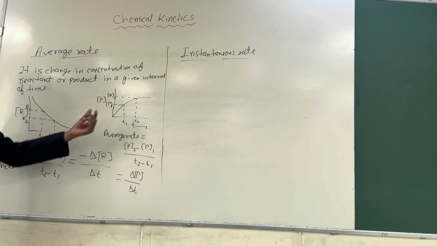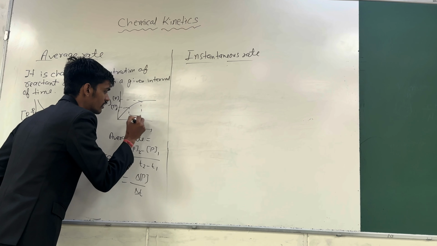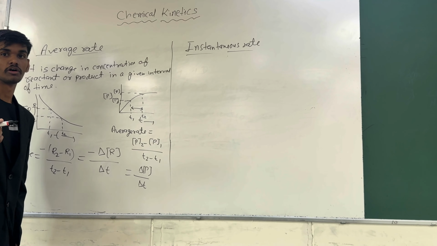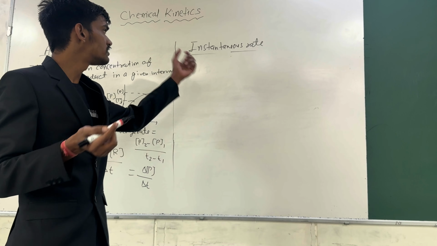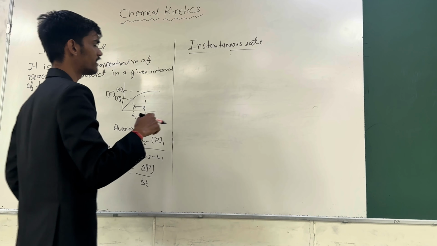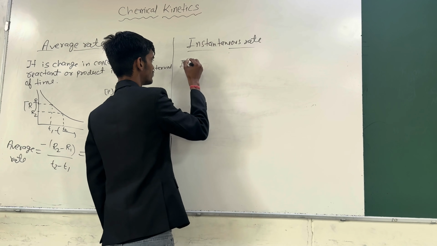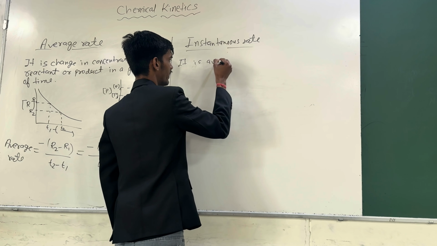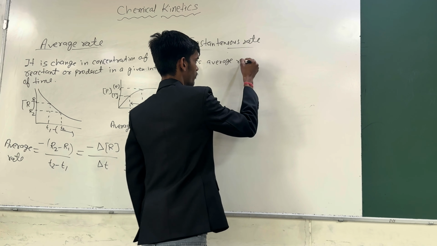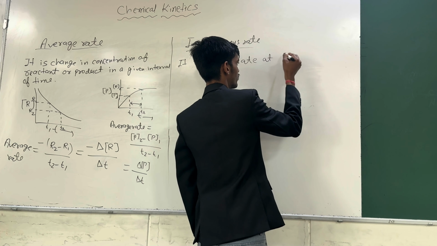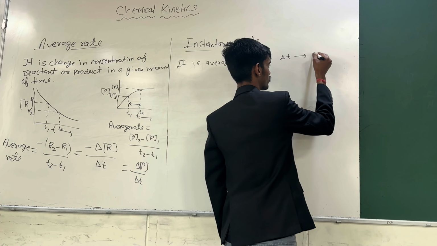If this time interval tends to 0, it is called the instantaneous rate. So instantaneous rate is basically the average rate as delta t tends to 0.